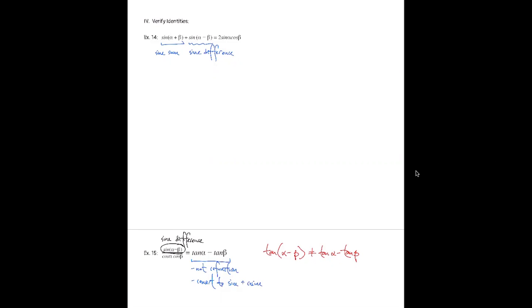If you feel overwhelmed, you don't know the identities, then I would make sure that you grab a sheet of paper, write down all your identities so you have them there. Okay. But we don't want that to be a situation where we're just like, I don't even know. Okay, we want to have at least one idea about like, okay, this looks like this formula. Let me try this.